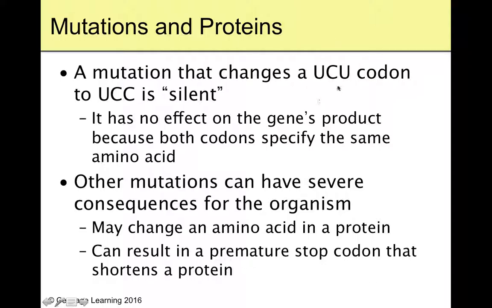If you change a base around, you might end up getting a stop codon by accident. And even though this protein is supposed to be very, very lengthy, when the ribosome hits that stop codon, it lets go. And so you end up getting a protein that's half the length it should be, or 3/4 the length it should be. And it's not going to be able to do its job if it's not the right size, because it won't fold into the right shape, and shape determines function.